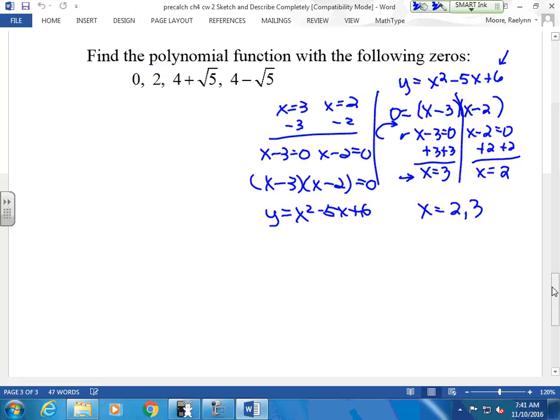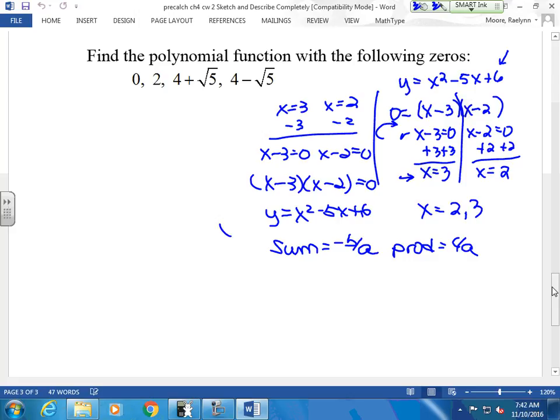So all I have to do is work myself backwards. What's another way that you learned when you're given 2 roots? Do you remember that little formula? Sum of the roots, product of the roots? We didn't even study that. Yep. The sum is -b over a, and the product is c over a.